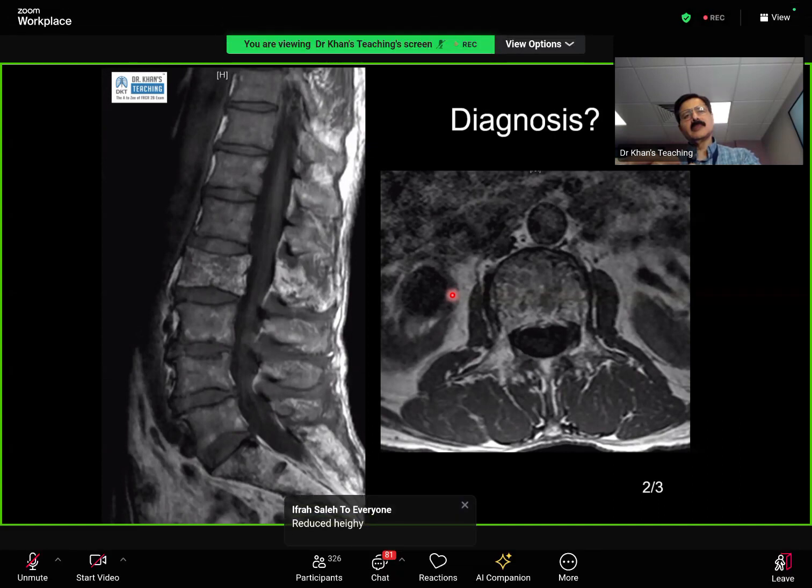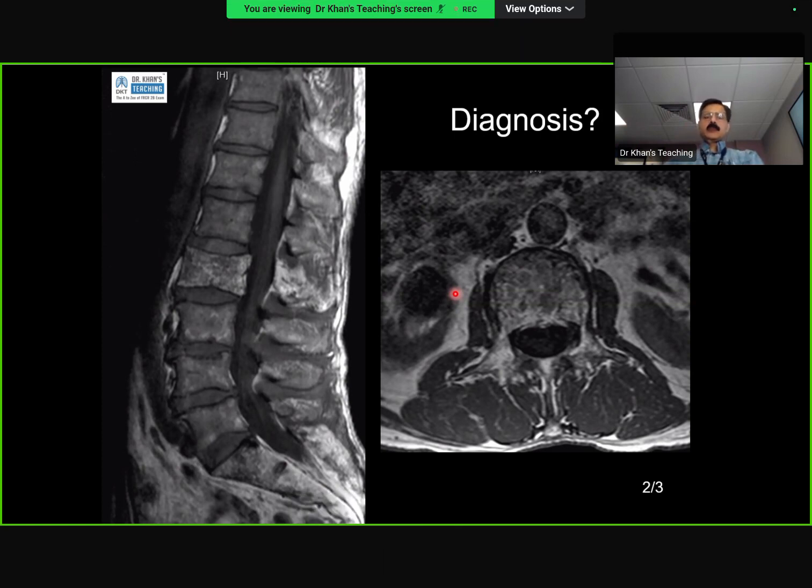This is a T1 sagittal MRI for the same patient. I can see that there is diffuse increase in T1 signal intensity within this vertebral body in comparison with the rest of the vertebral bodies. Because of the high signal, it could represent bone marrow changes.